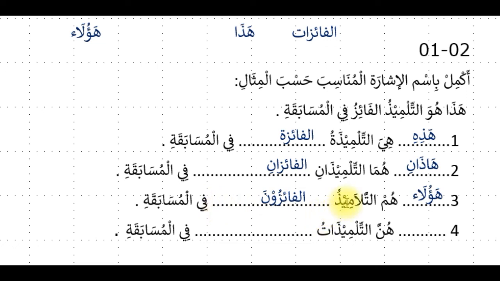Since this is plural, the sign is using waw and nun to make it a plural. هؤلاء هم تلاميذ الفائزون في المسابقة. هن, they for female, تلميذات, female students.